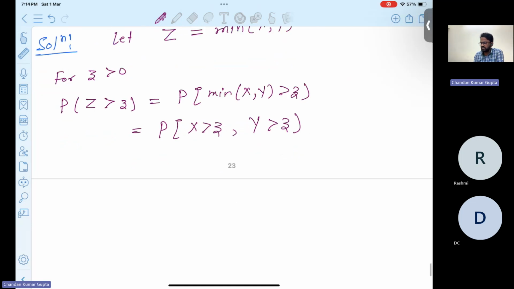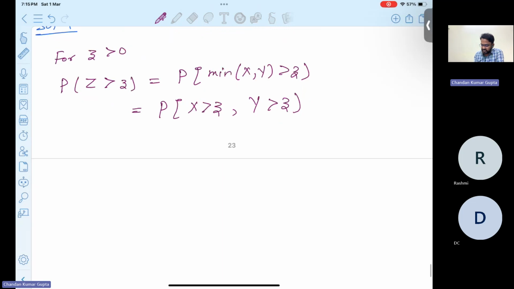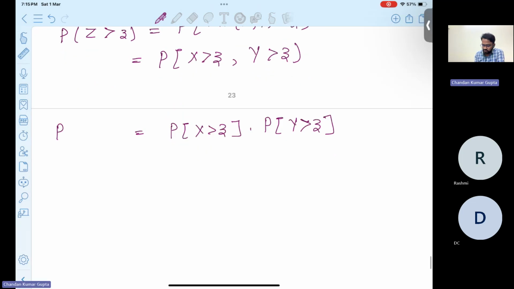Since X and Y are independent, the joint probability can be written as a product of marginals: probability that X is greater than z into probability that Y is greater than z.